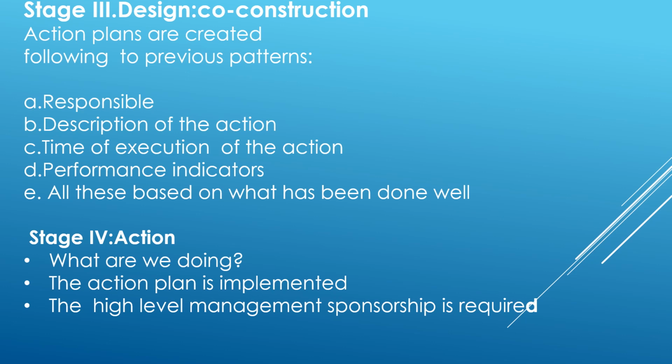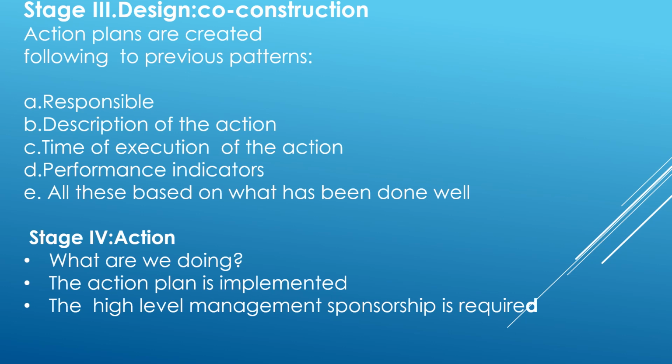For example, if this action, this activity, this plan has been done well, what you're going to try to do is make this better, based on a vision of improvement. And based on a vision of improvement, then you implement this, from A to E.